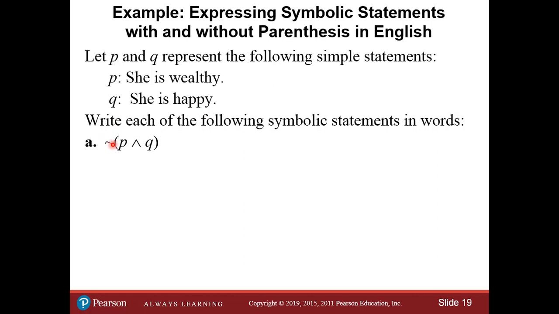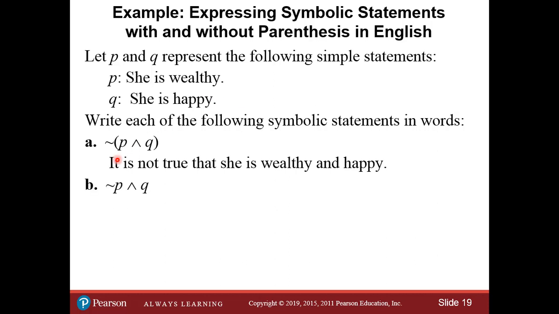But then we get this negation out here. So we would say it is not the case, or it is not true that she is both wealthy and happy. Or it is not the case, or it is not true that she is wealthy and she is happy. Okay.